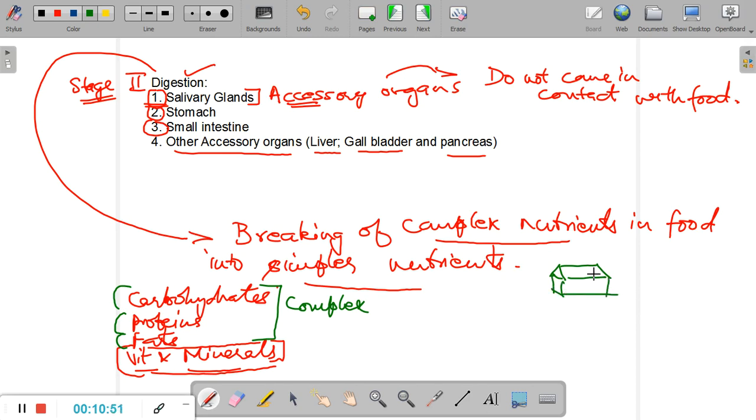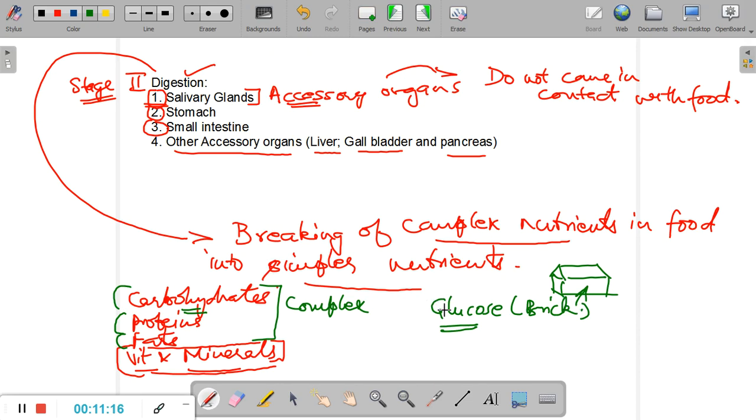Think about what a house is made up of. It is made up of brick and cement and sand and iron bars and glass and wood and so on, right? Similarly, carbohydrates are also of various types. We've got something called a simple carbohydrate like glucose. So glucose you can consider like a brick in the house.